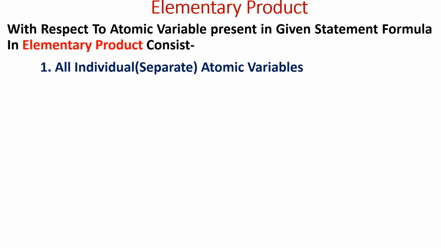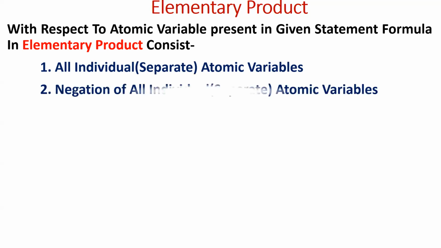Now first rule, all individual atomic variables separately come under elementary product. Second rule, the separate individual negations are also part of elementary product.